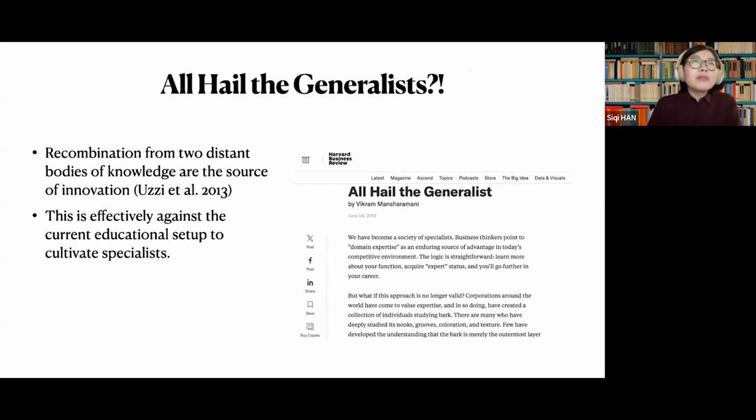This author in Harvard Business Review believes that a generalist skill portfolio would be more valuable in the future. And this fits with my previously introduced recombinant innovation theory, right? To be recombinant, you need to have different kinds of skills. That makes you a generalist.